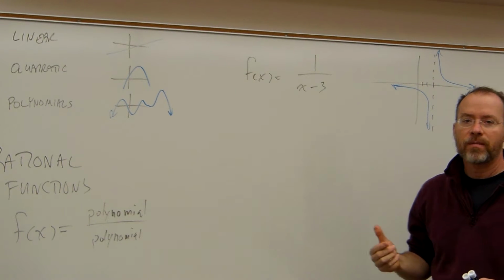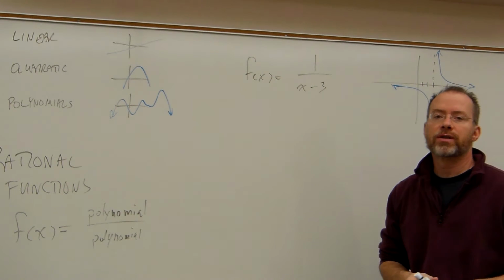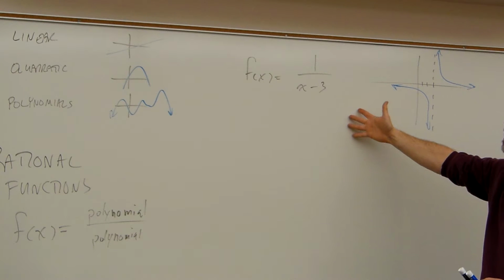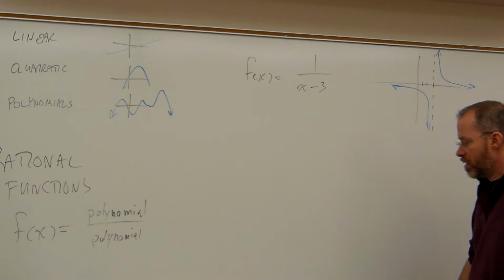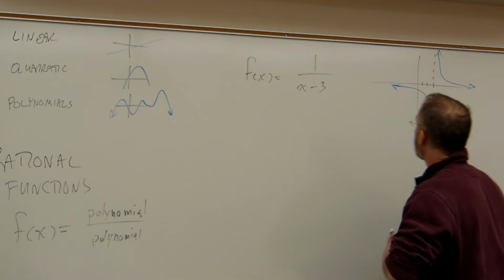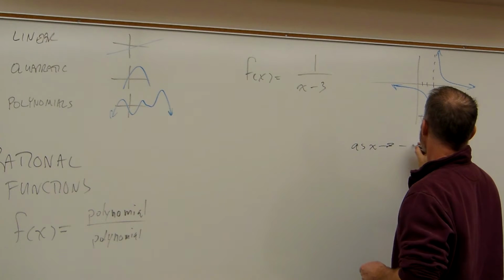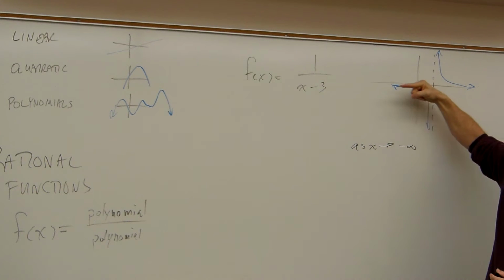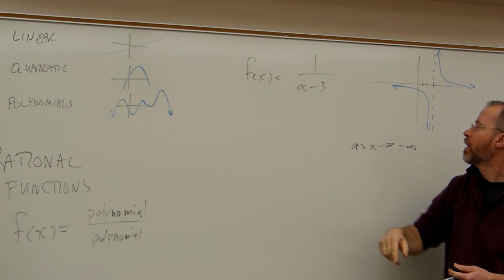But look at some of the new characteristics that are possible for the graphs of rational functions, even for something as simple as this one. The end behavior. Notice that as x goes to negative infinity, in other words, scanning the graph this way, I don't have a situation where it's blowing up or blowing down.